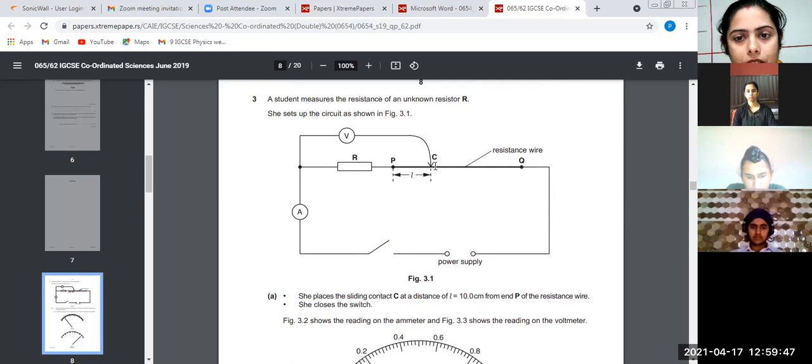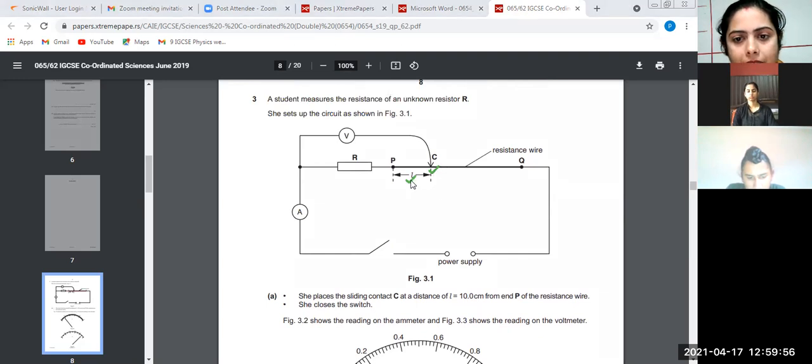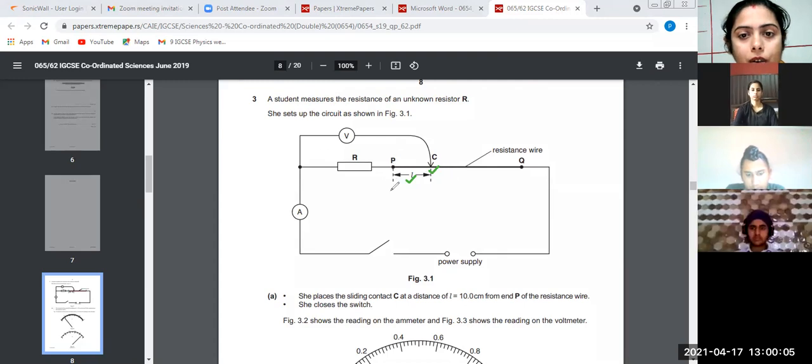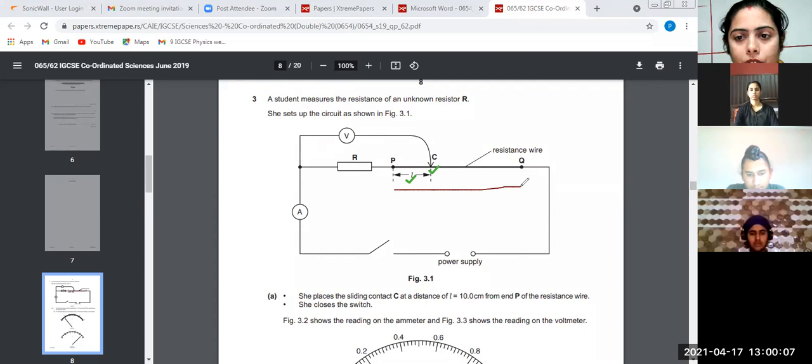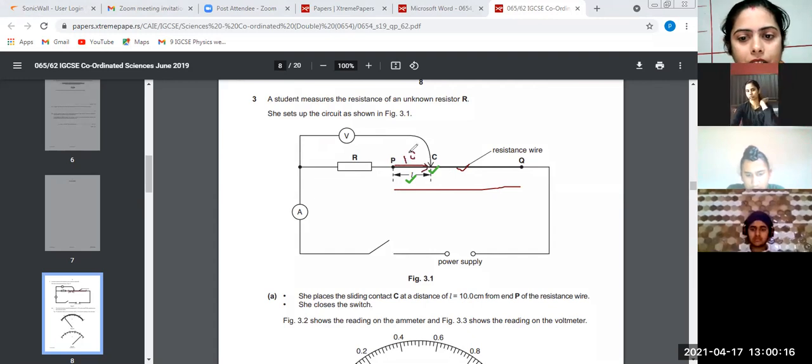So this is the point where she kept the slider at this point C, and this L is given to you as 10 centimeter. Point P to C it is. How much resistance wire do you have? You have it from P to Q. This is your wire. Now the slider just reached from P to C, and the distance till here is how much? 10 centimeter.